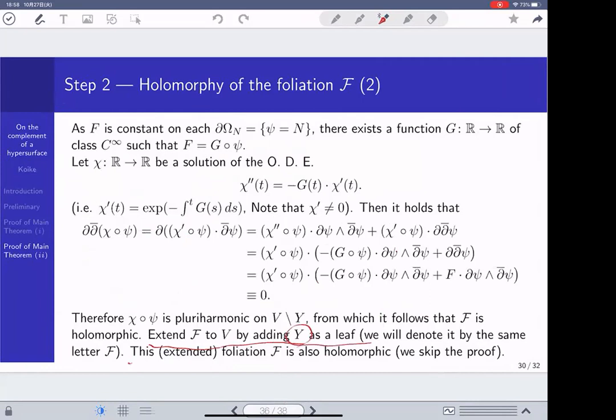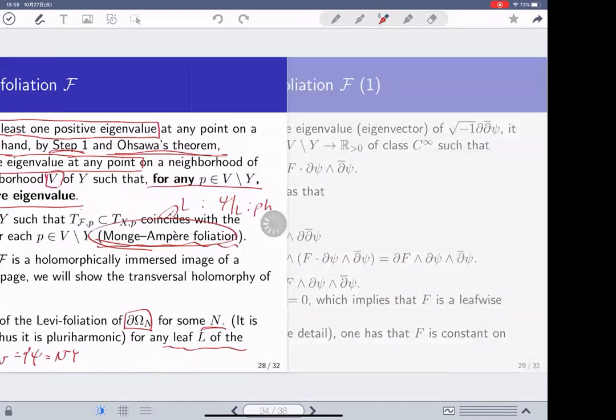And we can also show that the extended foliation F, finally, F becomes a holomorphic, non-singular, dimension 1 foliation on V. That is what I said in this summary part.